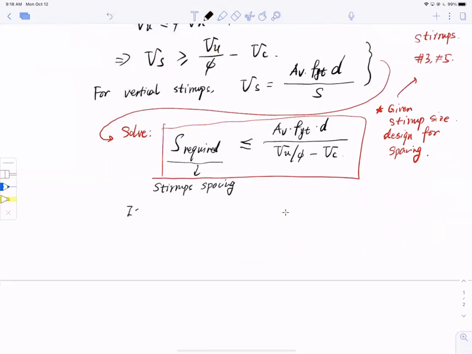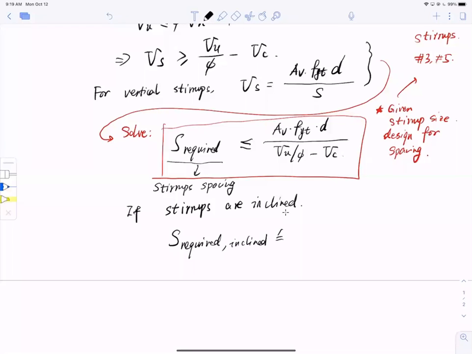If stirrups are inclined, which is very rare, but in case your stirrups are inclined, let me say this again, do not design it to be inclined if there's no requirement, because it will add on a lot of labor.